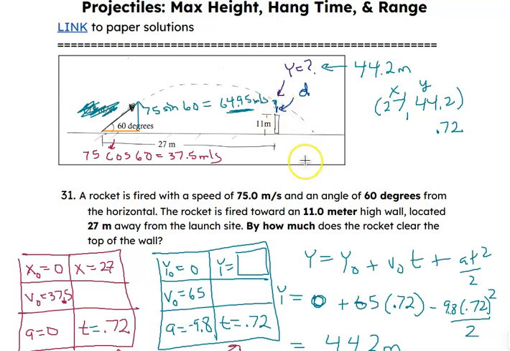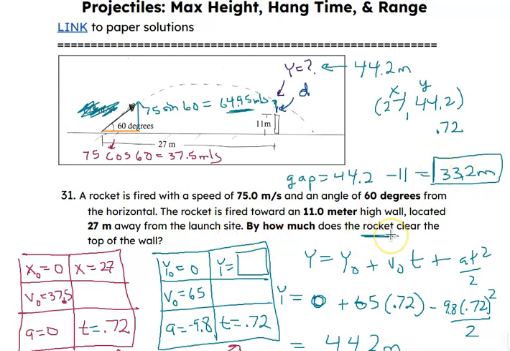Okay, so what we want to know is what's the gap. So the gap is going to be 44.2 because that's how high it is, minus 11. So if this is like a goalpost, it cleared the goalpost by a lot, 33.2 meters. That's huge. Oh, because it's a rocket. It's not a football. Okay, that is question 31.